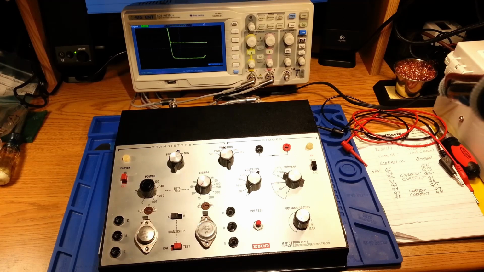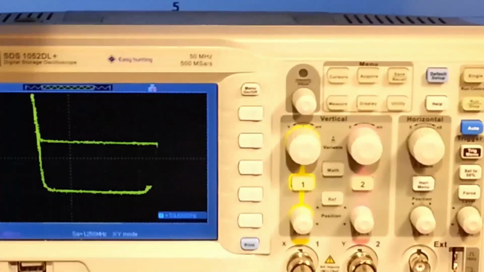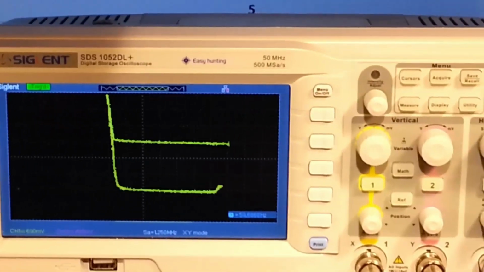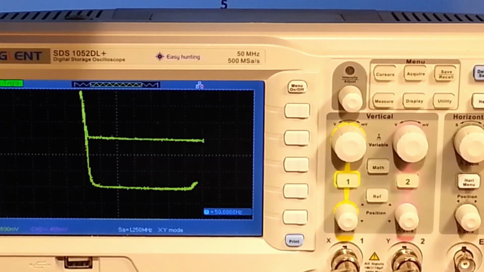But it looks like there is a family of 4 curves. It's just that due to the sweep rate and the triggering and everything, it just looks funny. Let me give you a little close-up look on it. And it's upside down, but that's a property of this. I could probably invert.